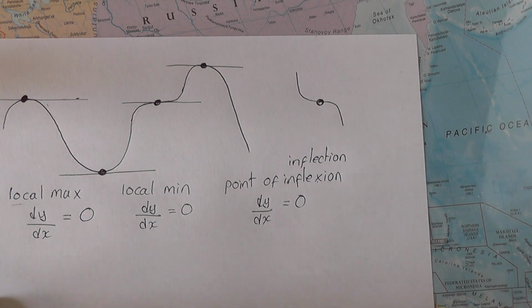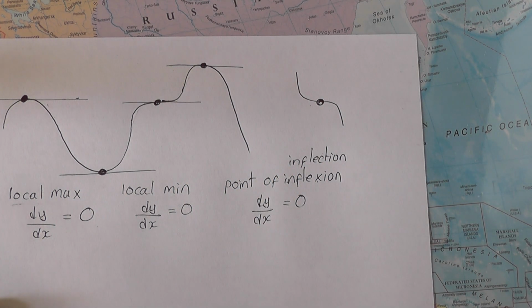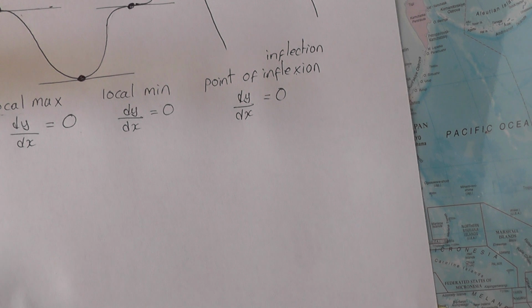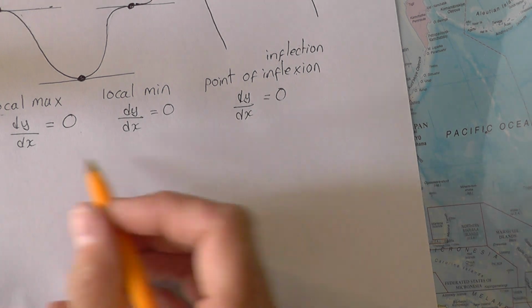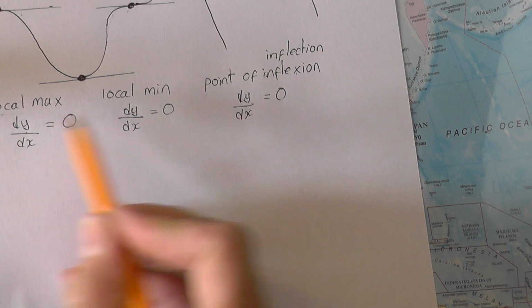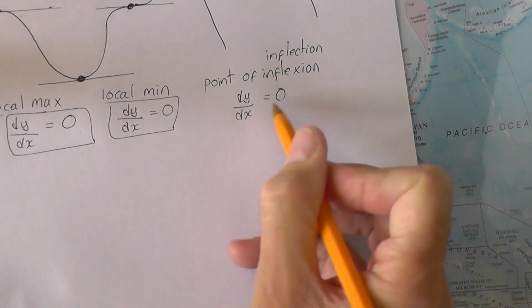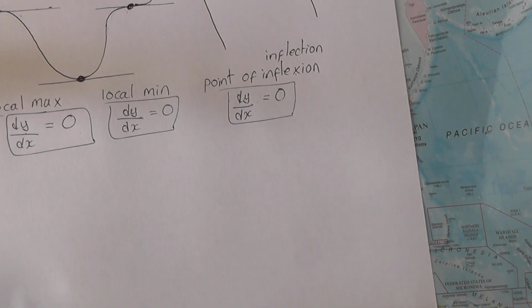That is also an inflection point, and you have to be able to distinguish between the two. Now, let me just follow up on the basics of that by saying, therefore, if you're trying to find stationary points, the key thing to remember is that for any stationary point, doesn't matter what type it is, dy by dx will be equal to 0. That is the key thing that you need to know for stationary points.